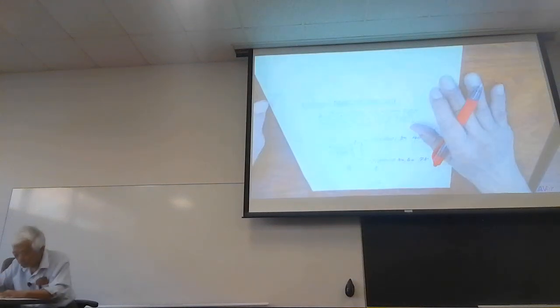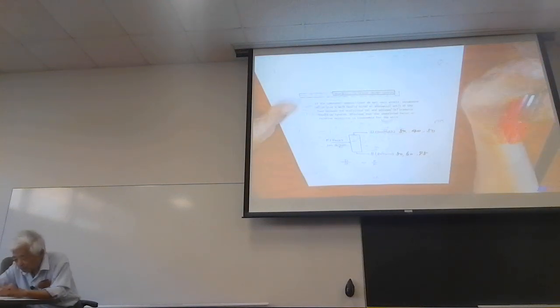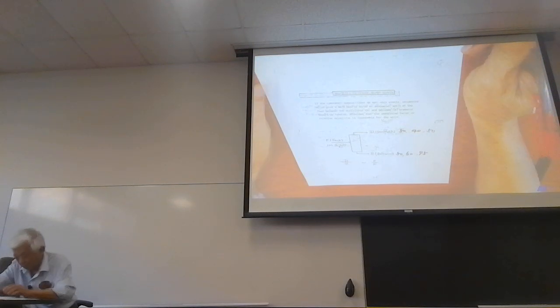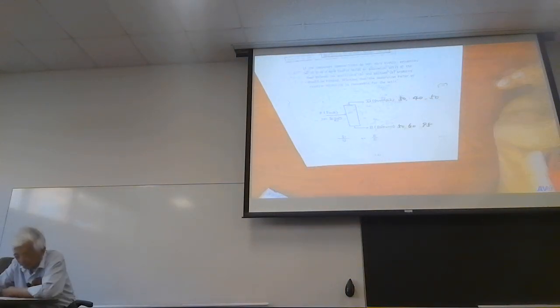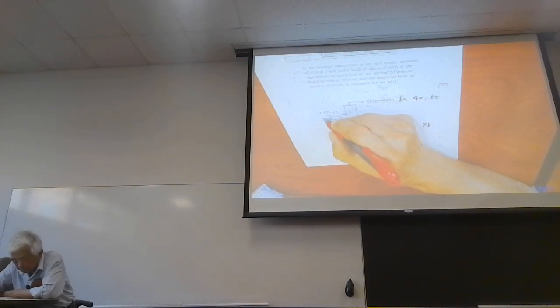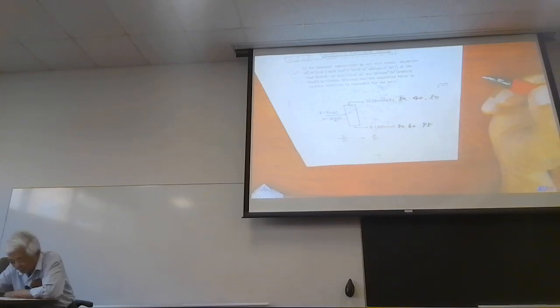Last heuristic, the 7th heuristic: favor a 50-50 split. Say the feed is 100 pounds per hour, split into distillate and bottom. This is a 50-50 split. This is 40-60.